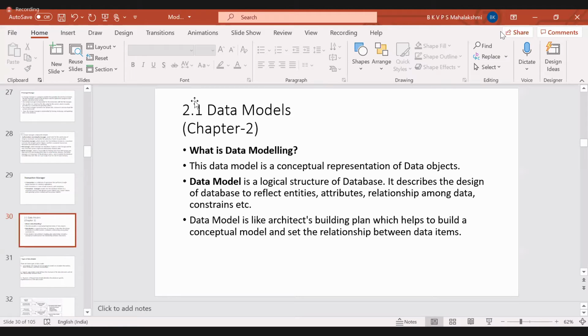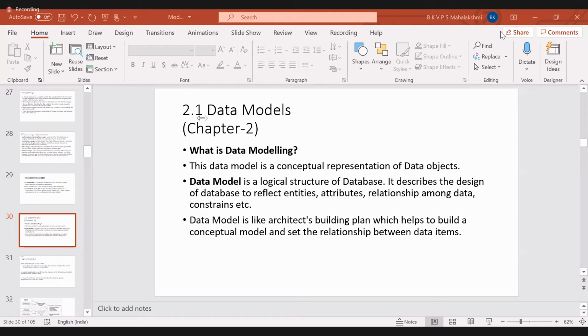If we consider the university database, can we tell that the student is a real world object? Yes, ma'am. So like that, for any application, we consider the data objects that are real, and that is called an entity also. And I don't want to discuss much theory of what I have mentioned here.